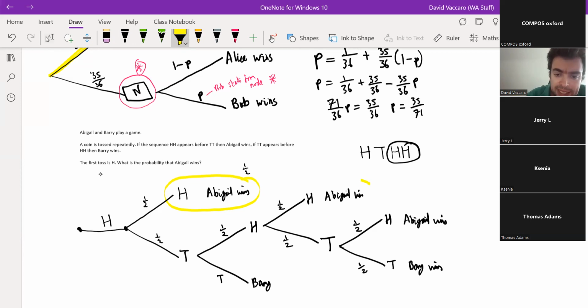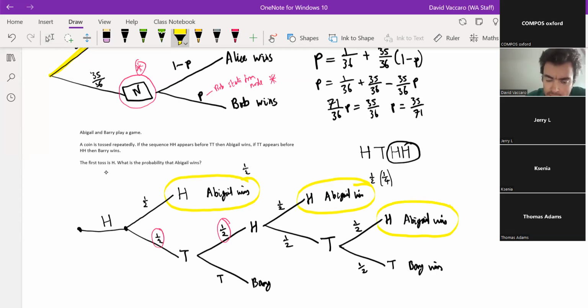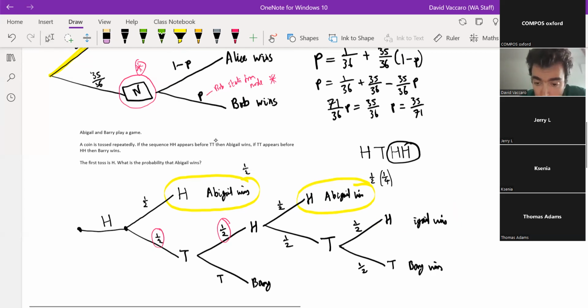She wins again here when there has been the sequence TH, so with probability of half times a quarter. She next wins here. Wait a minute, I think no, she doesn't win at this point. She wins at the next point.